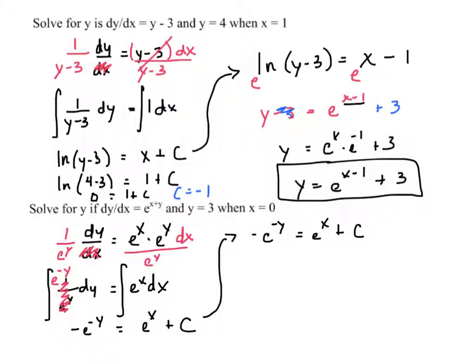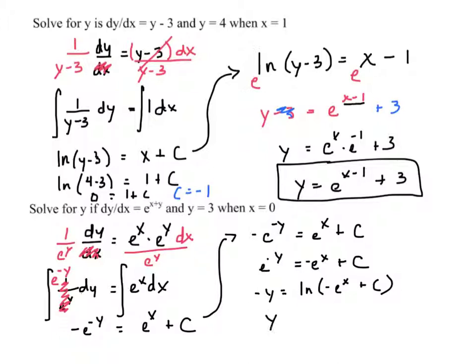So I'm going to change the signs on everything. Now, a constant is still a constant, so changing the sign on a constant, you could have written minus c. I'm going to choose not to. So we take the natural log of both sides. So we'd have negative y equals the natural log of negative e to the x plus a constant.